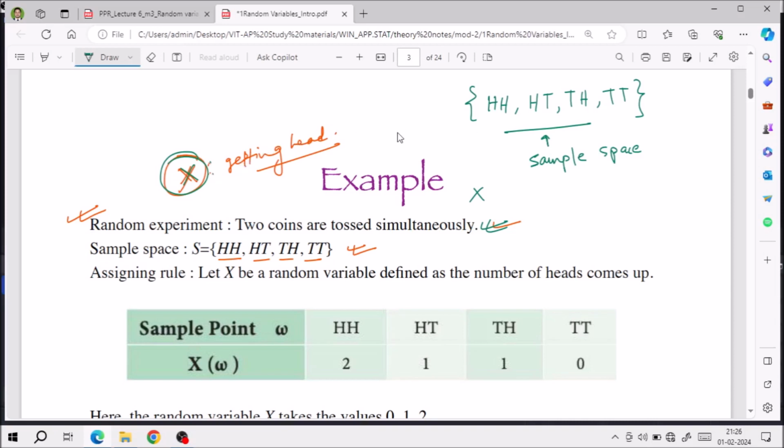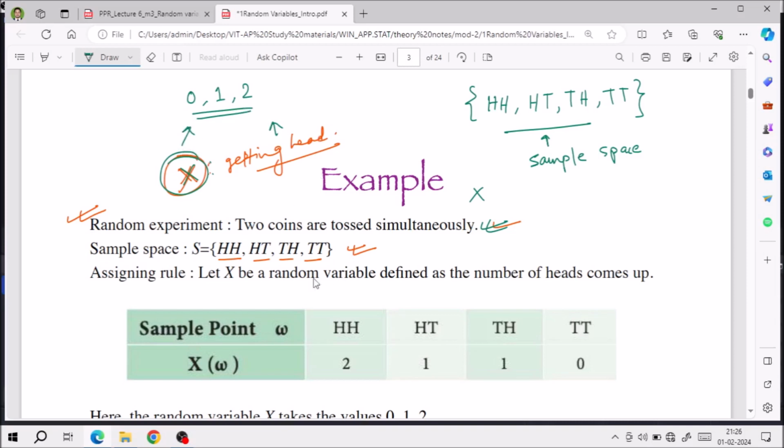In that case, what are the possible scenarios you may get? You may get no head, one head, or two heads. These are the possible values for X, so X can take 0, 1 or 2.